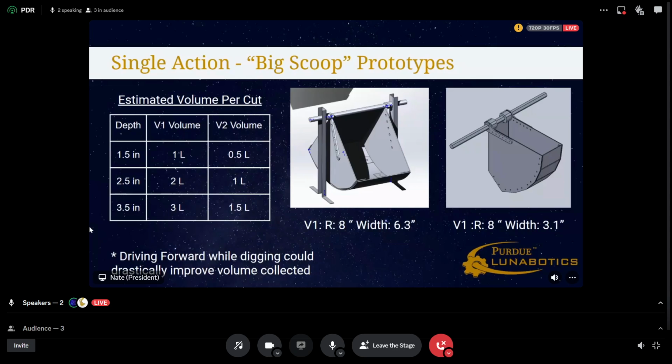You can see the expected volume, even with a 3.5-inch cut, is only about 3 liters, and the biggest in the V1 prototype. So not a lot of volume capable of being collected. But if we drove forward or had some sort of other mechanism pushing material in, that could be increased theoretically.